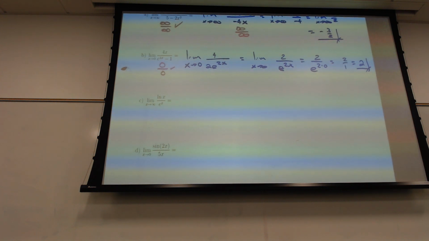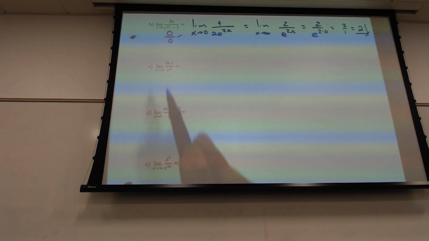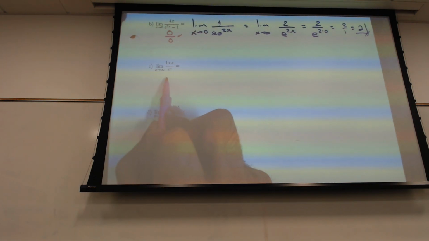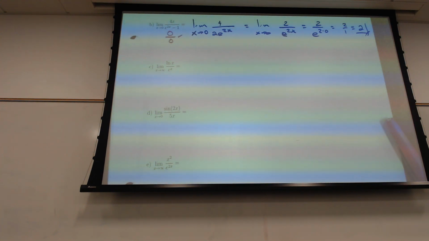Let's do one more. Letter C. Let's see if we have an indeterminate form. So ln of infinity, where is ln going when x is infinity? Let's think of the graph of ln of x. Recall that the graph of ln of x has an x-intercept at (1, 0), has the vertical asymptote at the y-axis, and it goes like this.